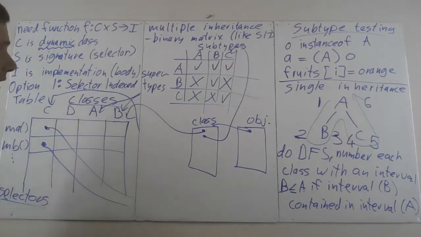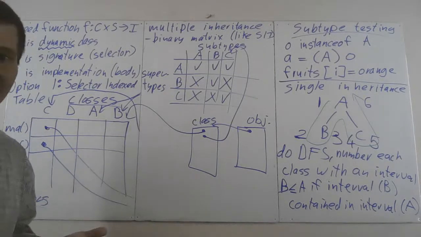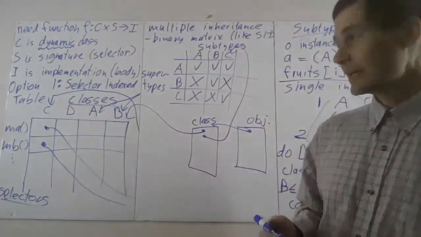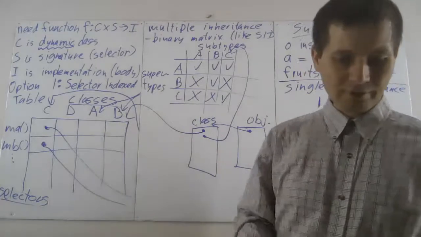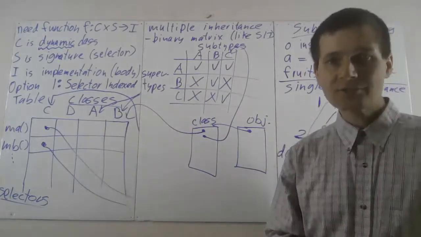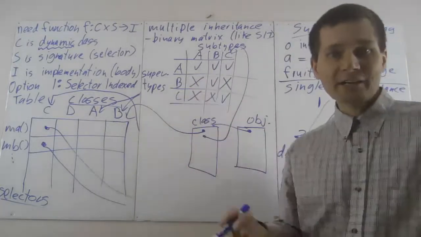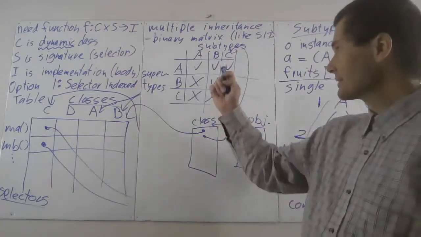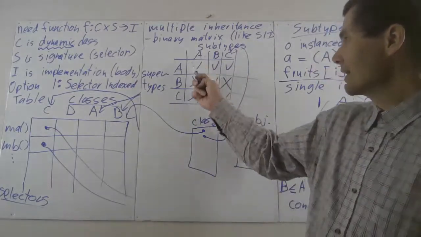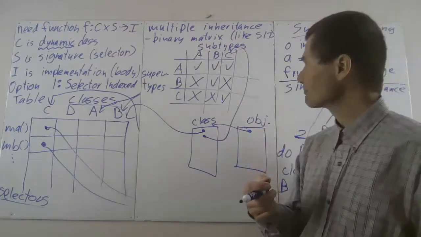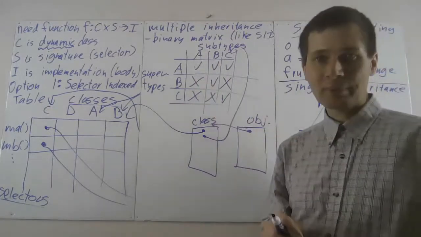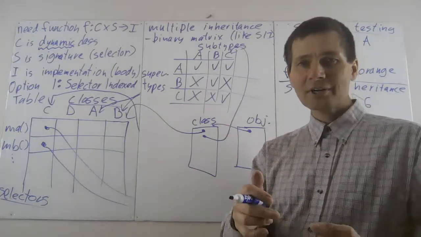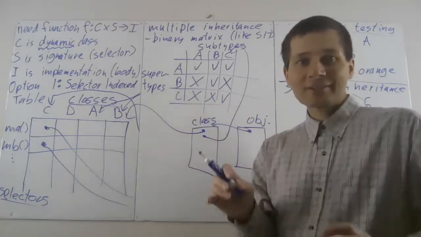Okay, and so again, this is going to take quadratic space in the number of classes, and therefore quadratic in the size of the program. But here it's maybe not so bad because every entry is just a single bit, so you can compress them into bit vectors. So it's quadratic space divided by 32.